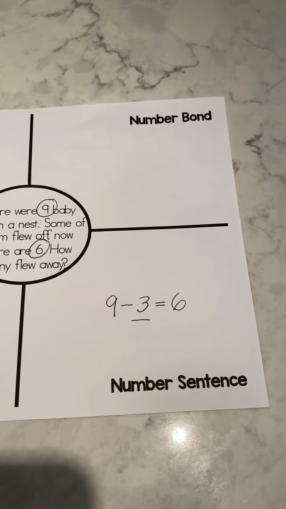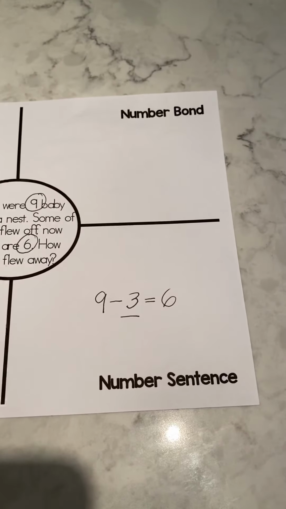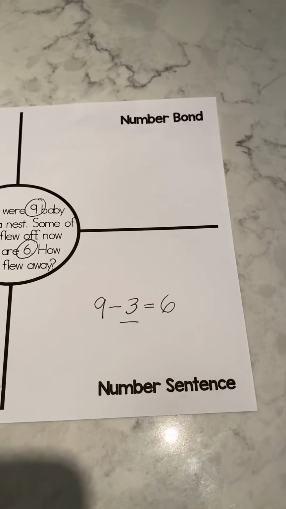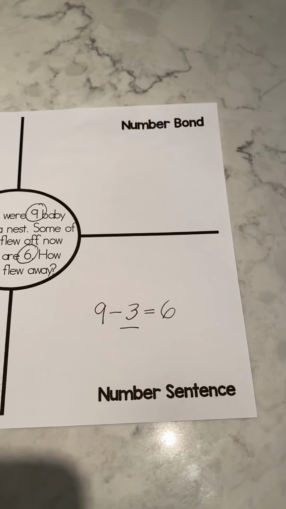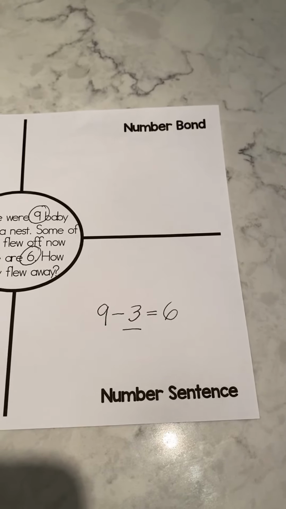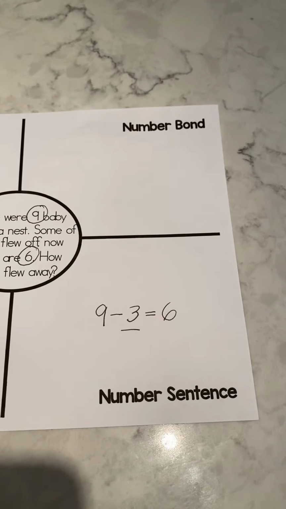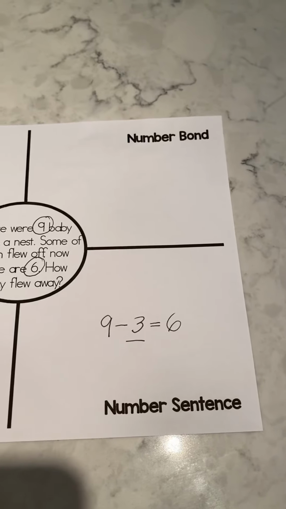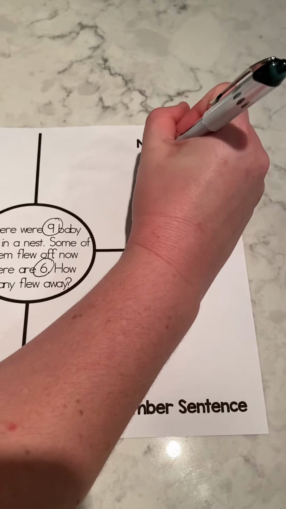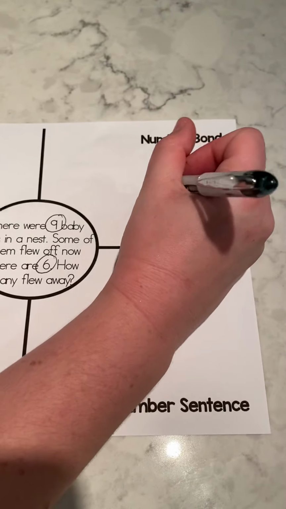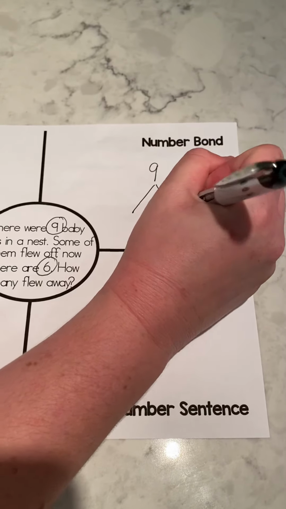Okay, so now I'm going to move up to my number bond now that I have all 3 of my numbers. Now, like I had said, Cougars, we call this our math mountain. So you're doing a math mountain, but on the paper it says number bond. With my math mountain, I always do the highest number at the top, which is 9. Then I draw my mountain.